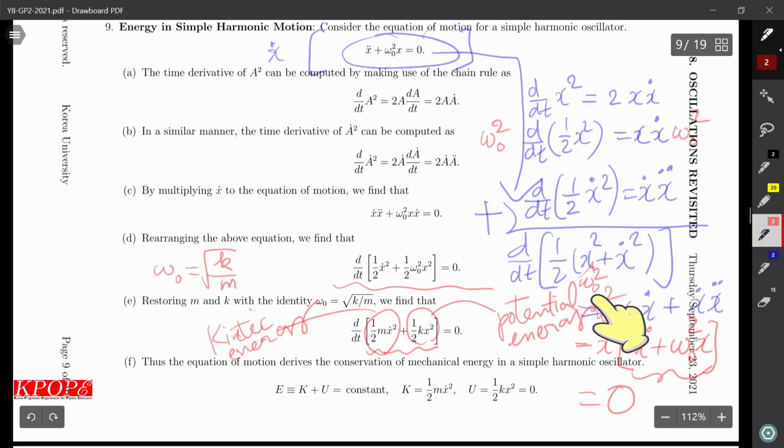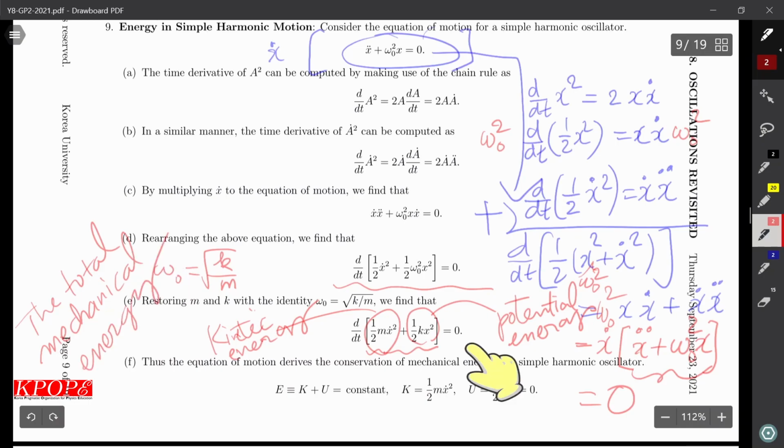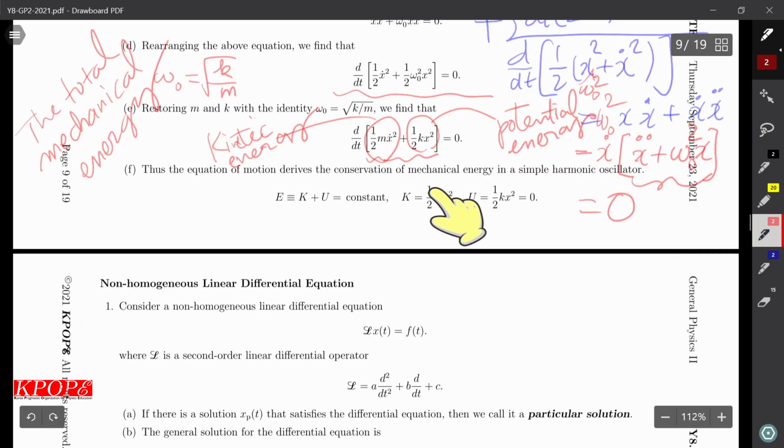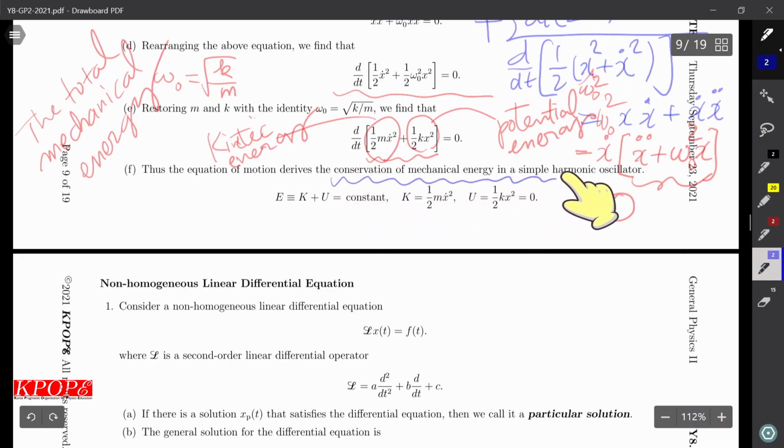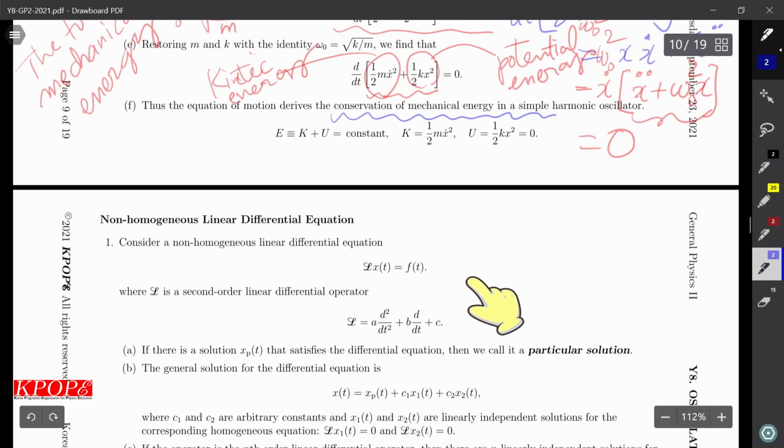So, the sum of kinetic energy and potential energy is the total mechanical energy. Total mechanical energy is conserved in the simple harmonic oscillator. Thus, the equation of motion derives the conservation of mechanical energy in the simple harmonic oscillator.